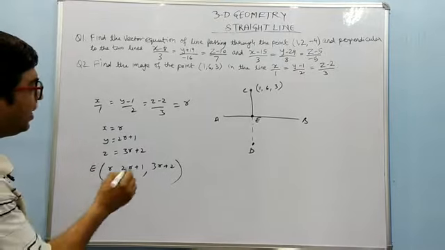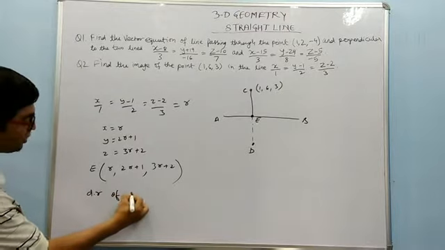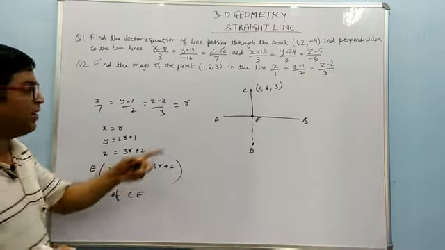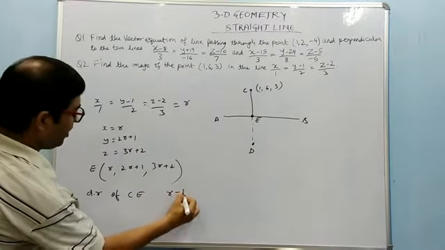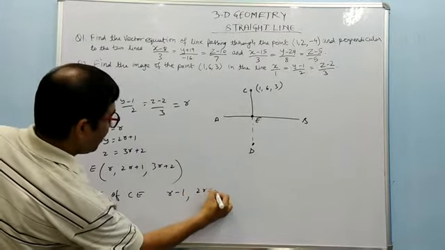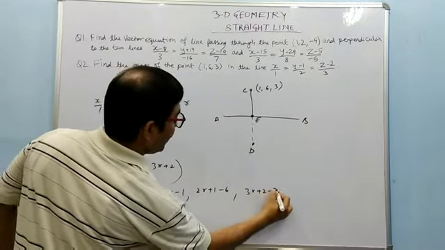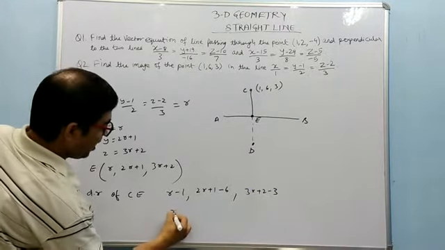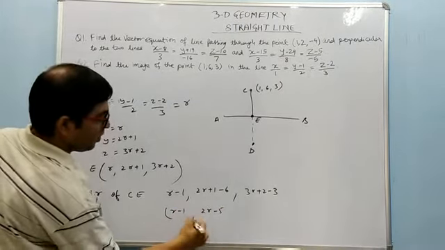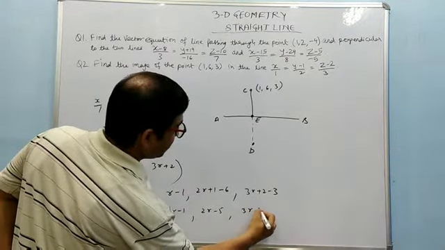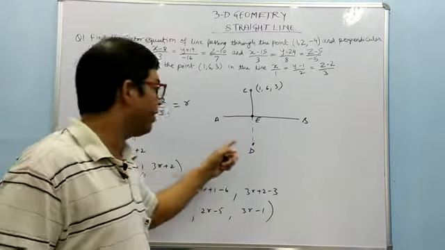So we will get the dr, direction ratio, of CE, which is given by x2 minus x1. So this will be r minus 1, 2r plus 1 minus 6, 3r plus 2 minus 3. So it is coming out to be r minus 1, 2r minus 5 and 3r minus 1. This is the dr of CE.